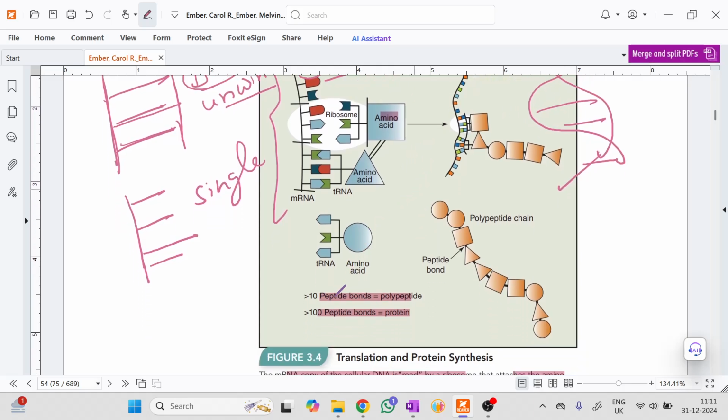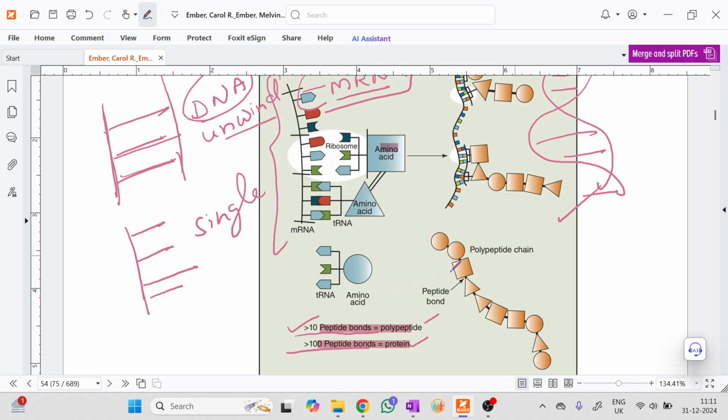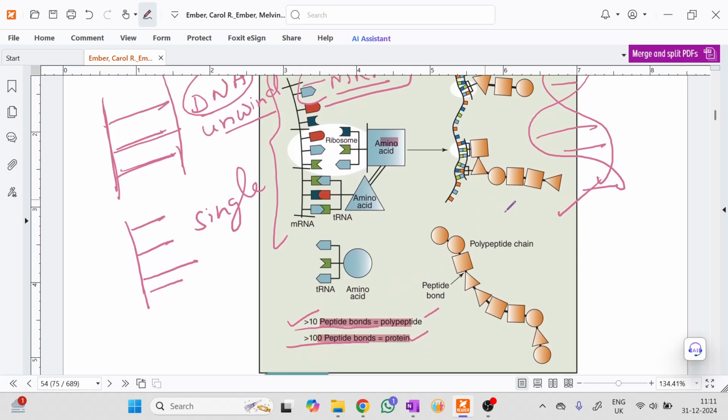Here, when there are more than 10 peptide bonds, it is known as a polypeptide. And when there are more than 100 peptide bonds, it is known as a protein. And peptide bonds are the basic unit of a protein.